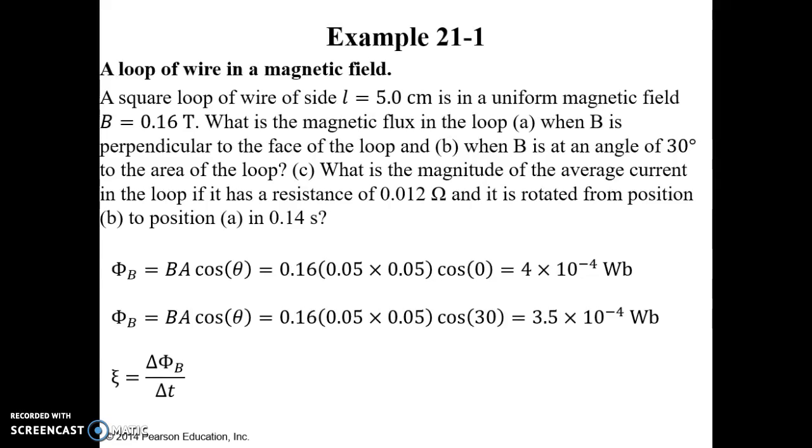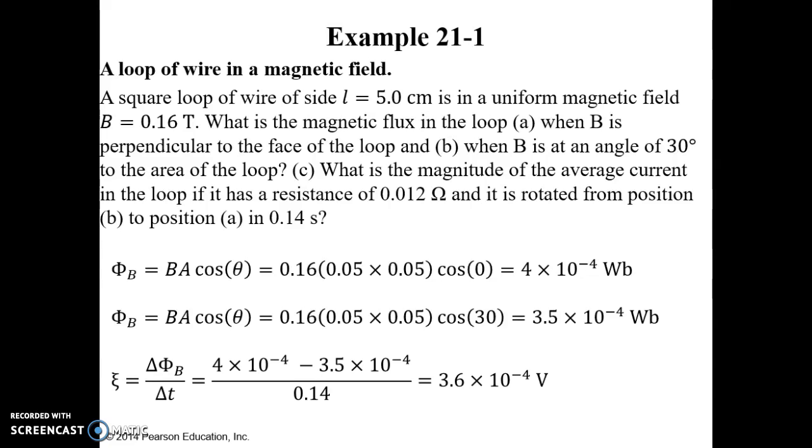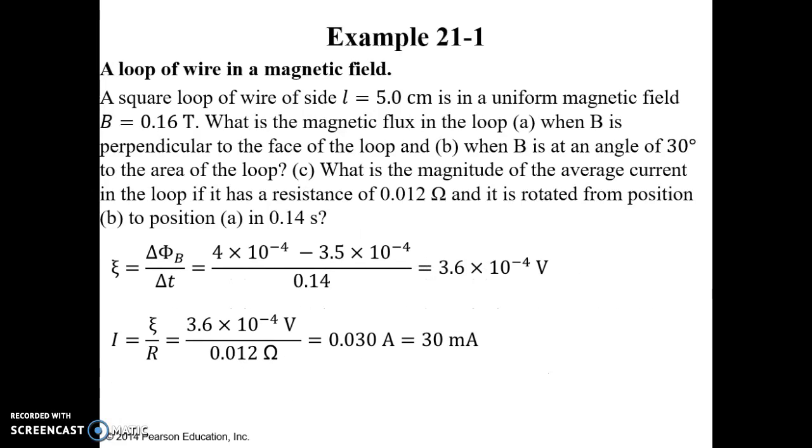Now for part C, we'll use this equation to calculate the EMF or voltage first. Just plug and chug to get 3.6 times 10 to the negative 4 volts. And then from there, we can use Ohm's law to calculate the current to be 0.03 amps or 30 milliamps.